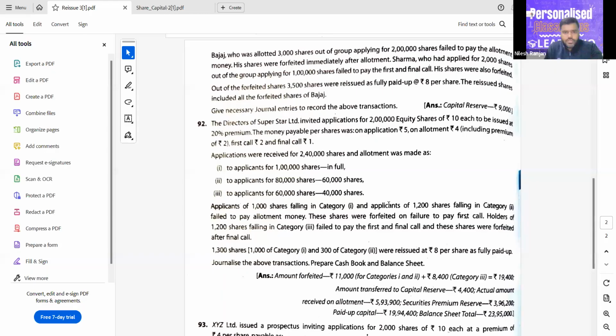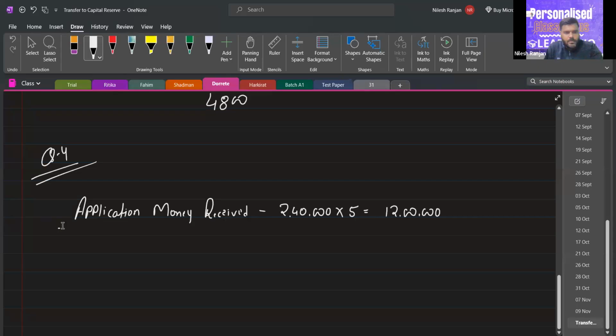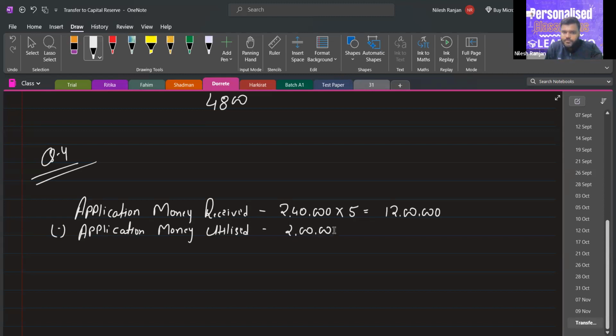And how much shares have we issued? 2 lakh only. Minus application money utilized, 2 lakh into 5, it is 10 lakh.